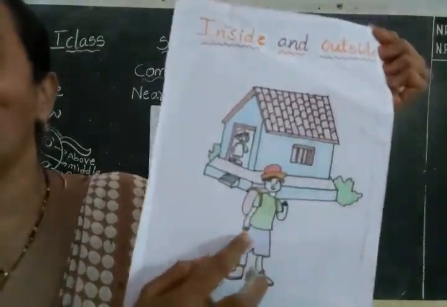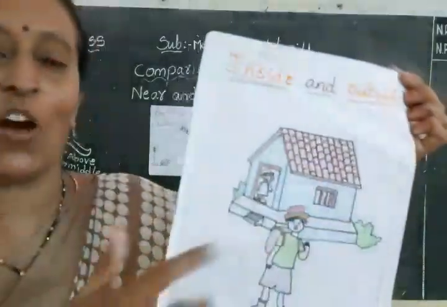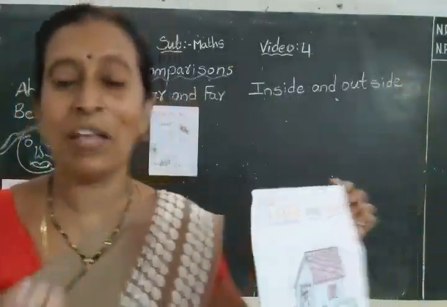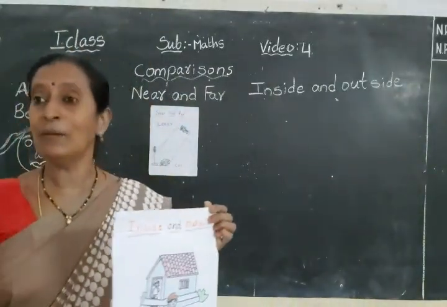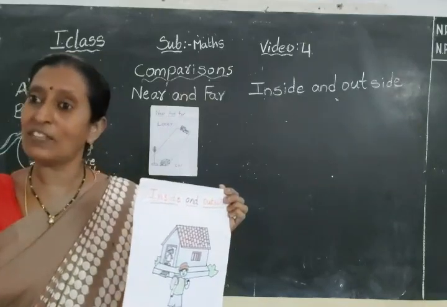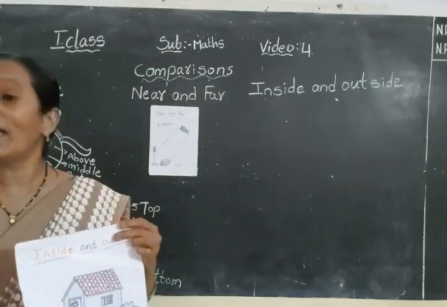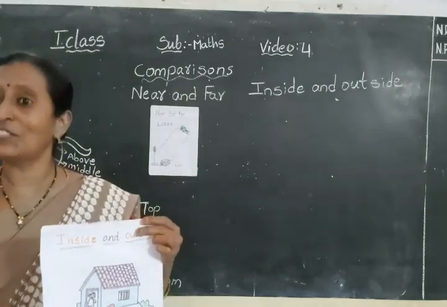The boy is standing outside. Then one girl is inside the house. Inside means you are in the house. And where you go out, that is outside. If you are going shopping or somewhere, that is called outside.